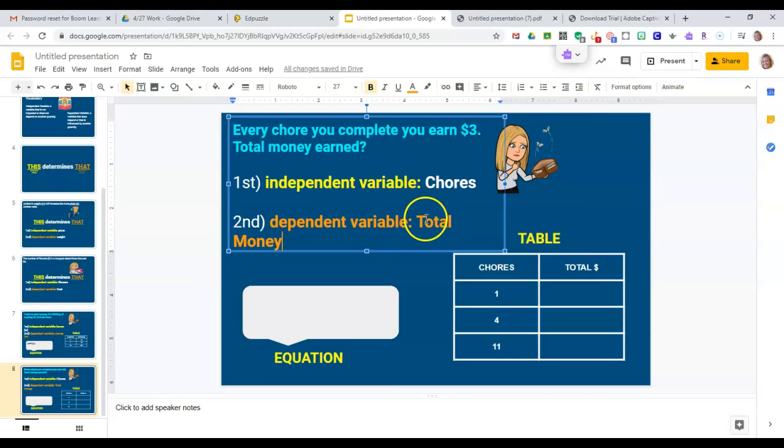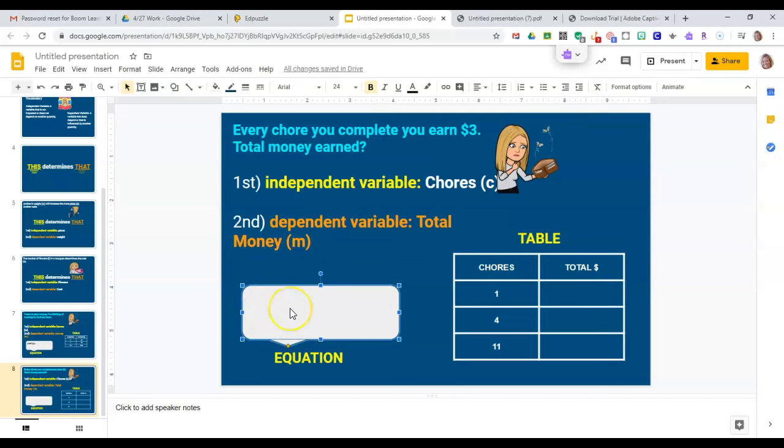I make. And so we're going to call this chores C, and we'll do total money M. Okay? So what do you think your equation would be based on your independent variable and your dependent variable?